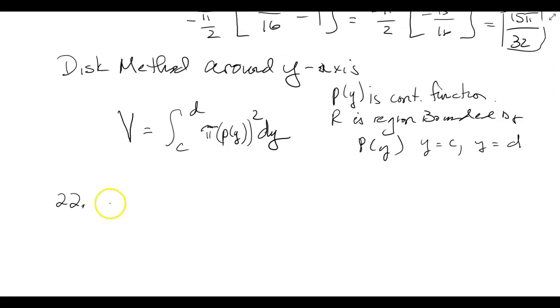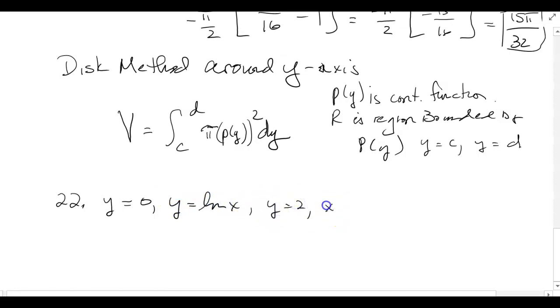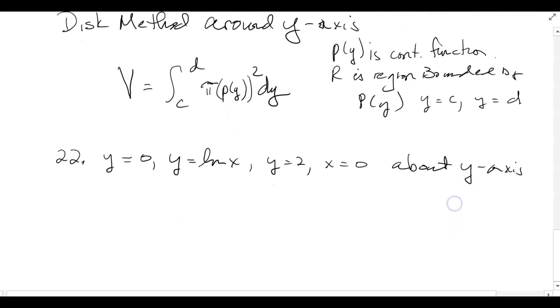And the reason I'm picking this one, so this one says y equals 0, y equals ln x, y equals 2, x equals 0. And we want to take this and revolve all these boundary lines around the y-axis. And there's a picture in your textbook as well, so you can kind of see what's going on.